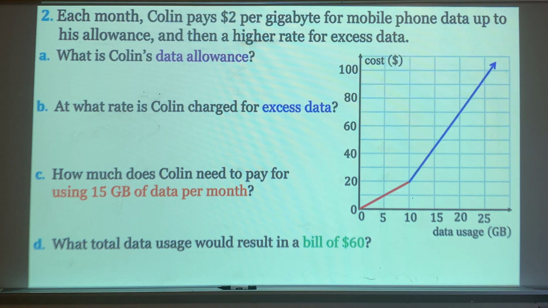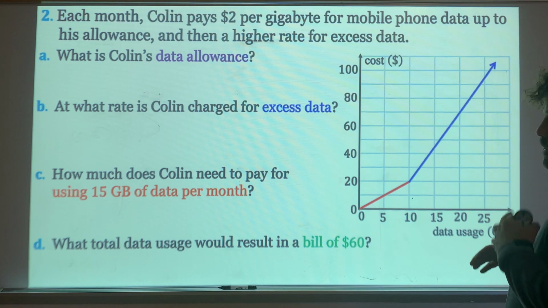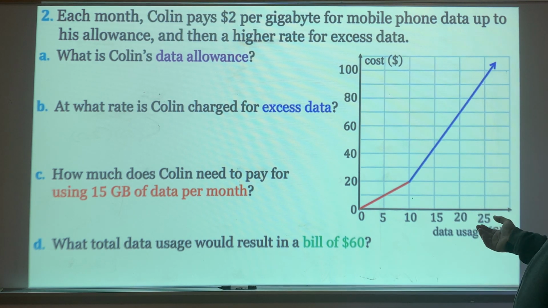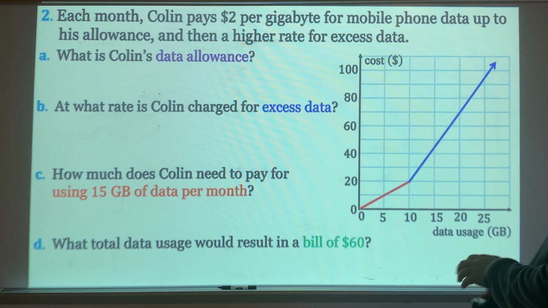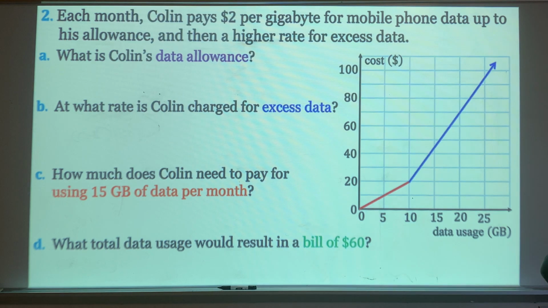All right, each month, Colin pays $2 per gigabyte for mobile phone data up to his allowance. And then he has a higher rate that he pays for any excess data. What is Colin's data allowance? All right, look at our graph. Each month he pays $2 per gigabyte.